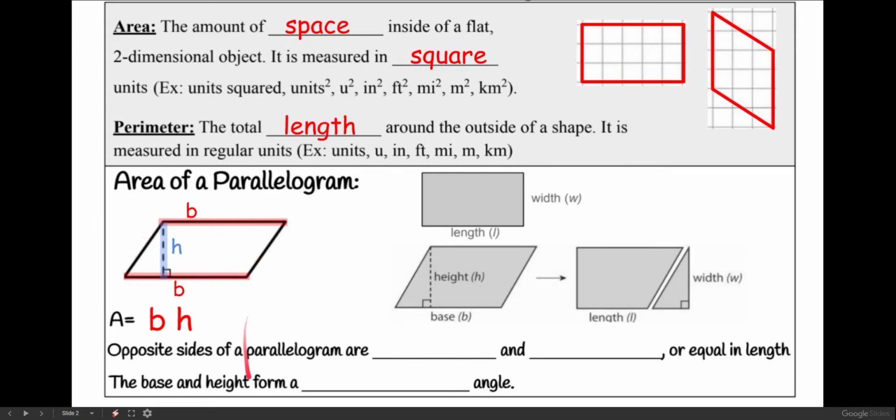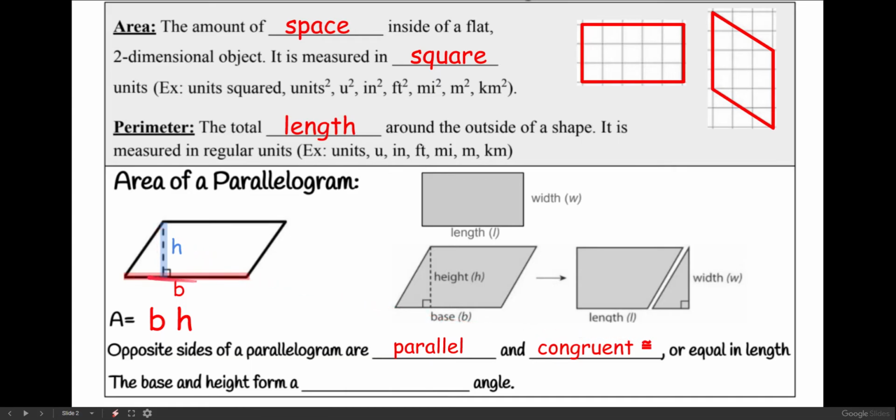Opposite sides of a parallelogram are parallel. That means they both run in the same direction and they'll never touch if you keep extending those lines. They are parallel and they are congruent, or equal in length, and that's the little congruent sign. It's like an equal sign with a squiggly. Congruent just means they are equal in length.